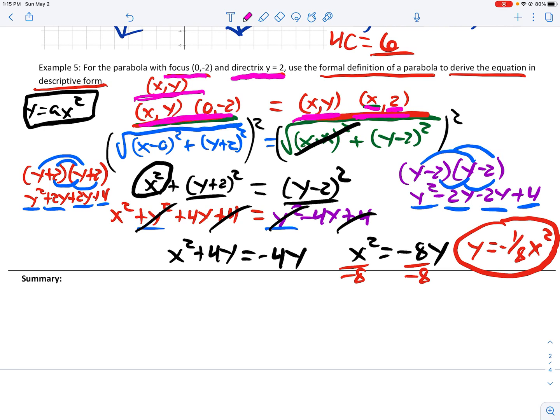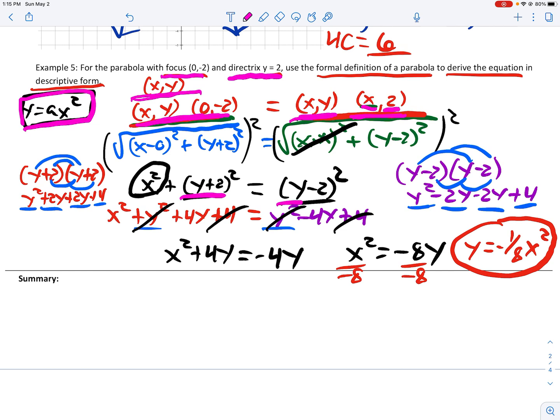I want it in descriptive form, so y equals ax squared. What I did was take the square of both sides, get rid of the radicals. A lot of things reduced, and then I realized I had y's on both sides here, where I'm underlining in purple. So I multiplied all that out so I could hopefully reduce. And I was able to reduce the y squareds and the 4s.